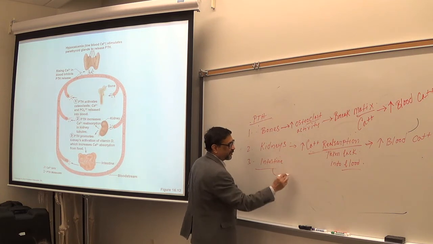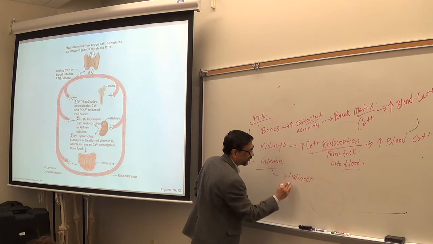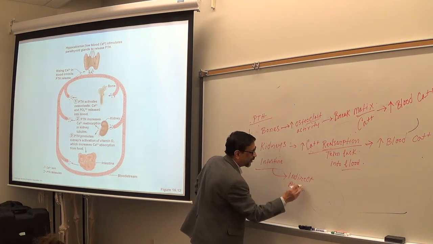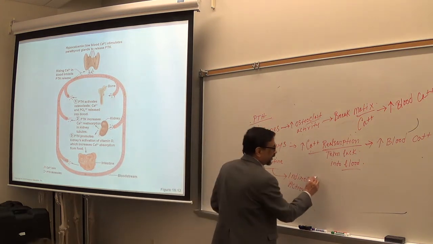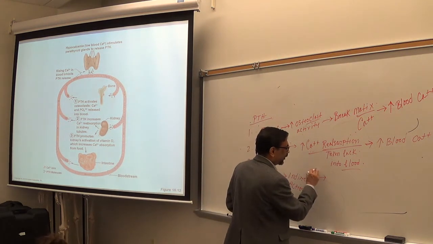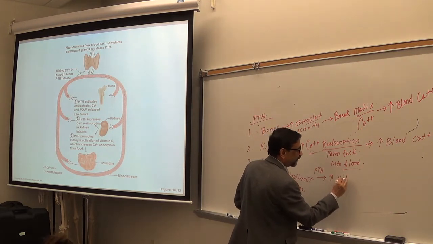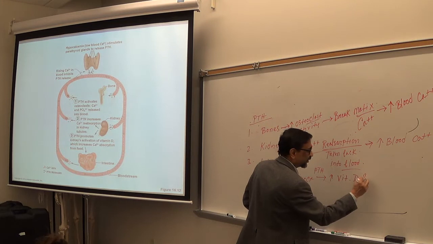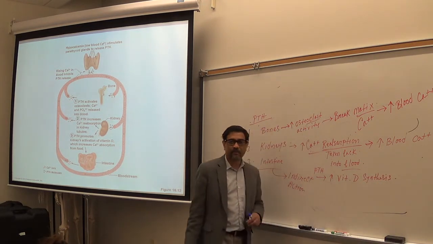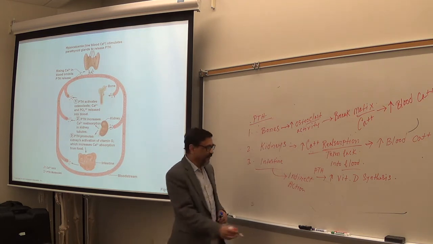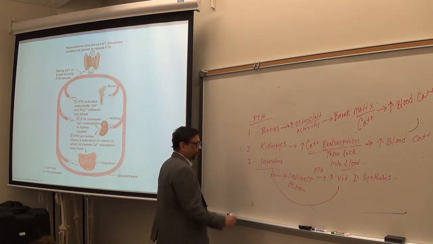Intestine, indirect, not direct effect, indirect action. How? Parathyroid hormone increases vitamin D synthesis or production. And vitamin D works on the intestine to do what?